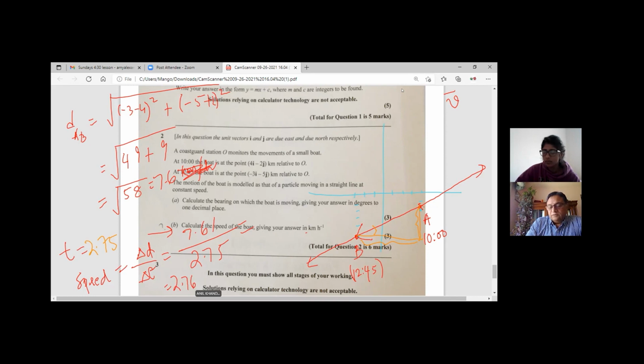We will calculate the speed, giving the answer to 3 significant figures, 2.77, right? Okay. Kilometers per hour. Is that clear to you?